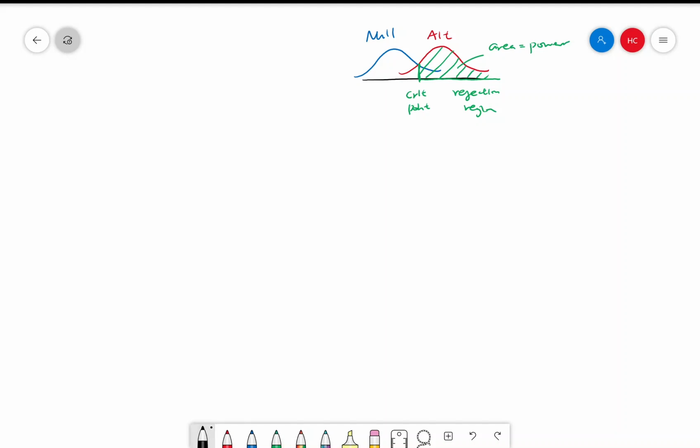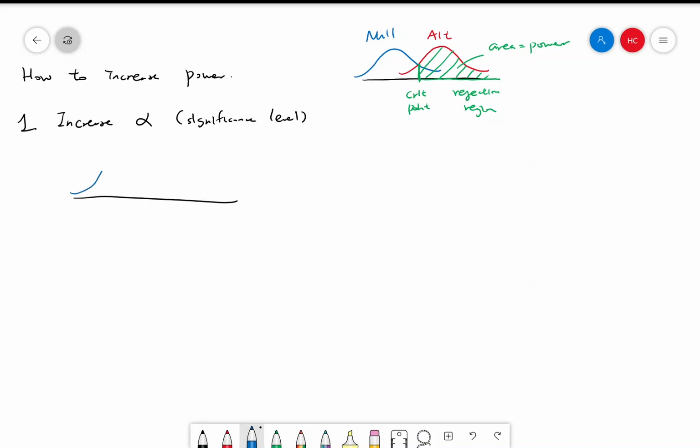Okay, so there are several ways to increase the power. So first, we can increase power by increasing alpha, which is the significance level. Let's see what happens when we increase alpha. Alpha doesn't change the null distribution and alternate distribution.